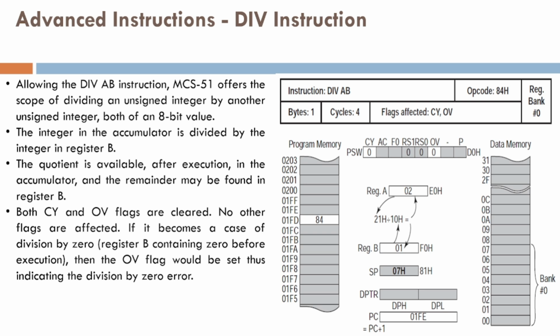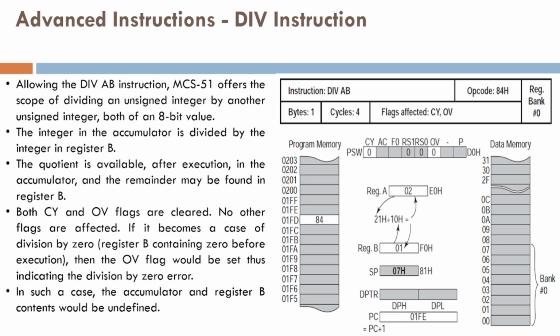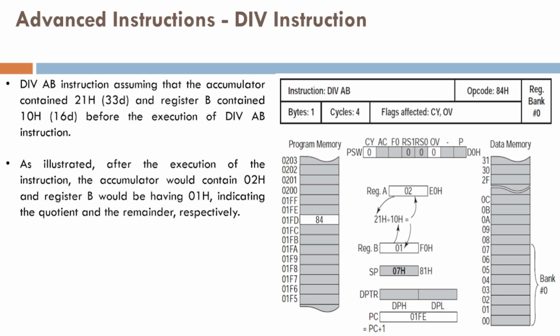Okay. Now, if we take an example, assume that the accumulator is having 21 hex initially, and we had 10 hex in register B initially. So we are dividing 33 by 16.